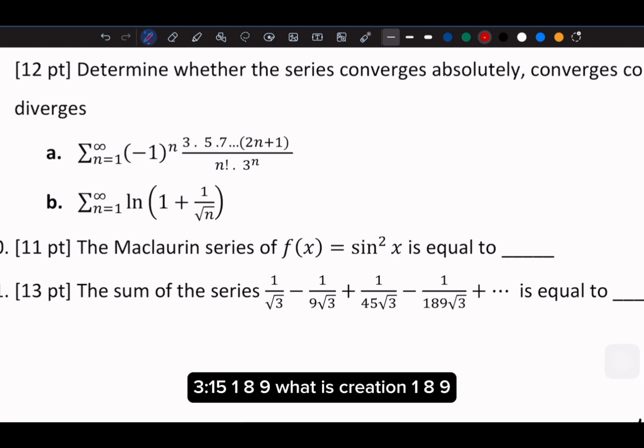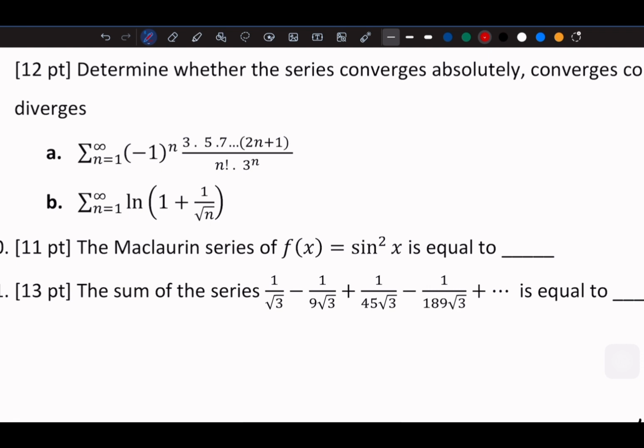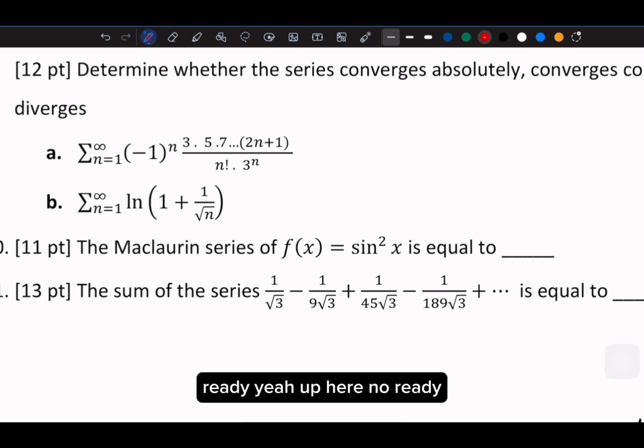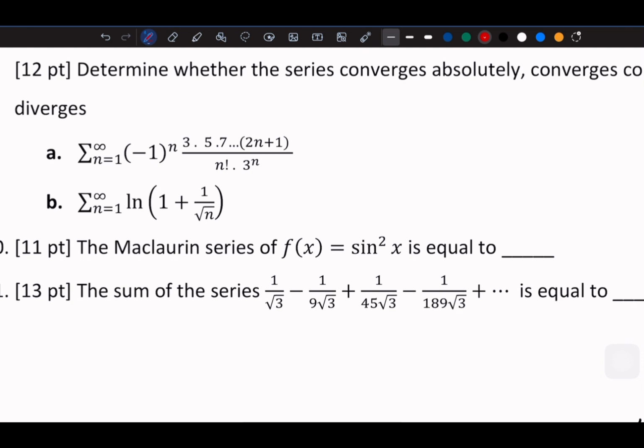We can think about 189. What is the relation of 189? Yeah, you get the idea.